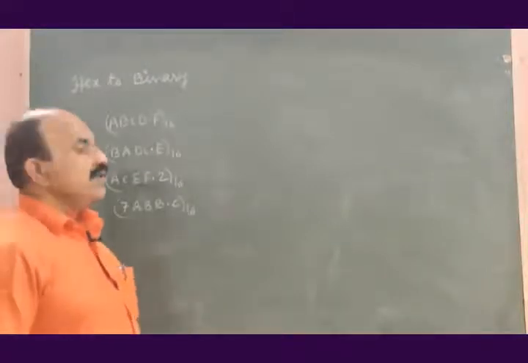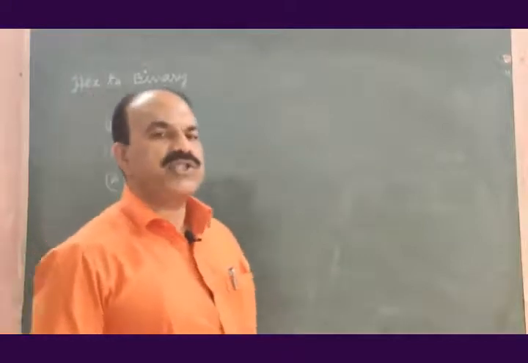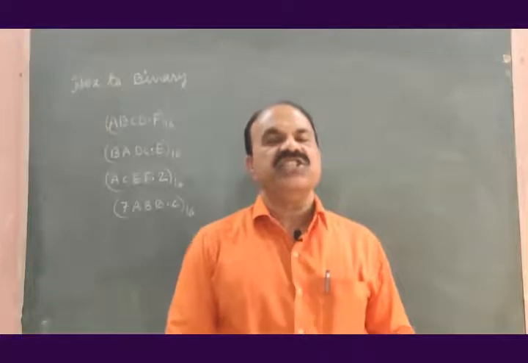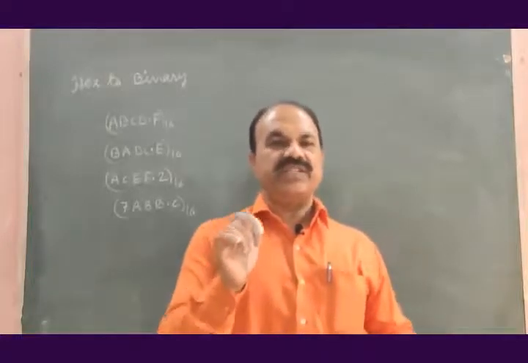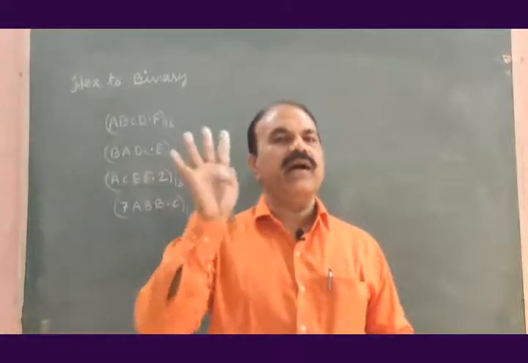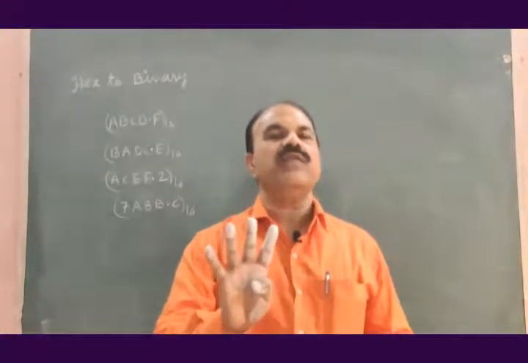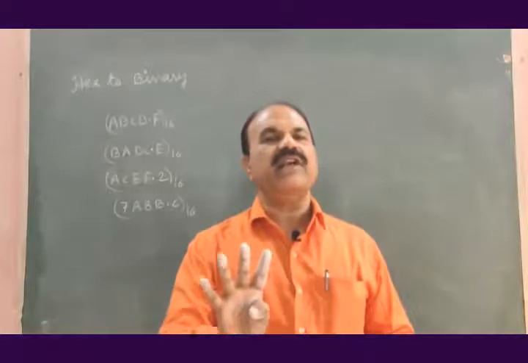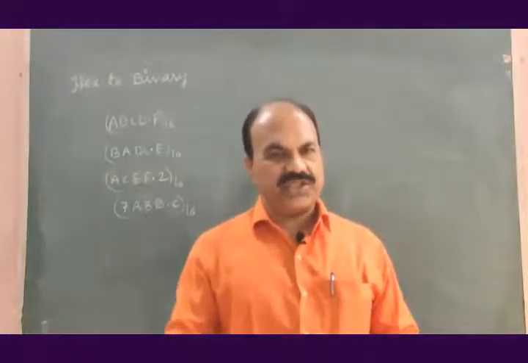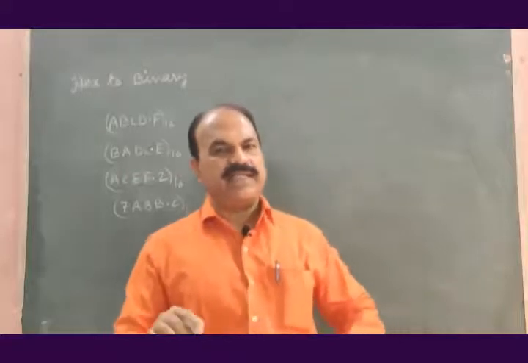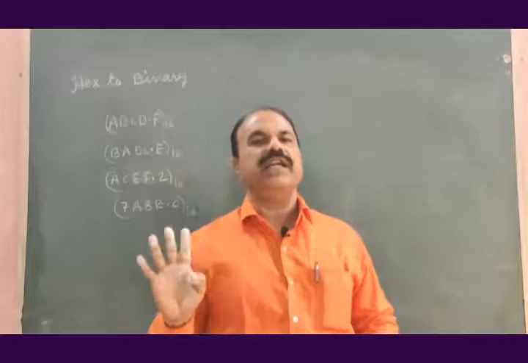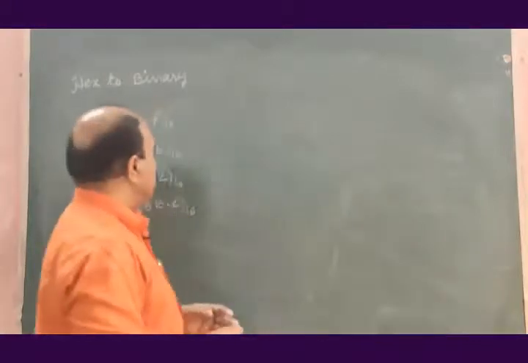Whenever you are given a number in hexadecimal and asked to convert it into binary, just replace every digit of hexadecimal number by a nibble of a binary, equivalent nibble of binary. Replace every digit of given hexadecimal number by equivalent binary nibble. And it is so simple.